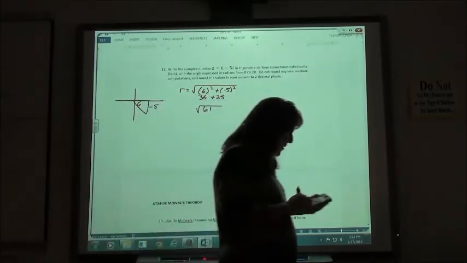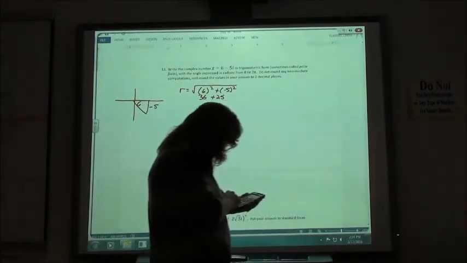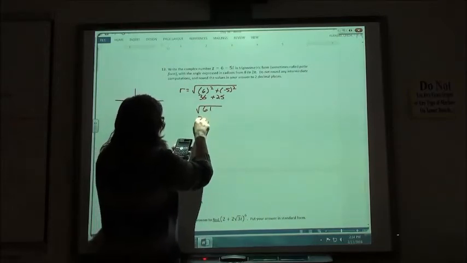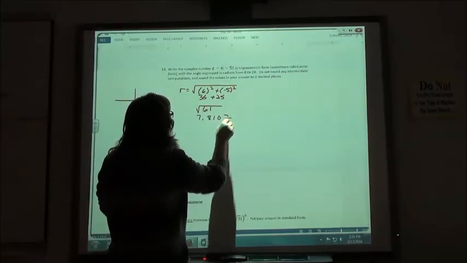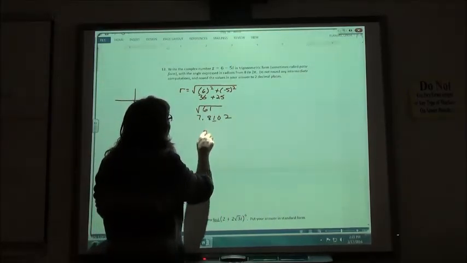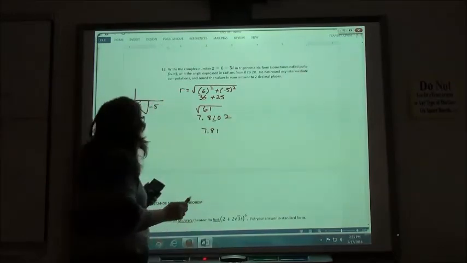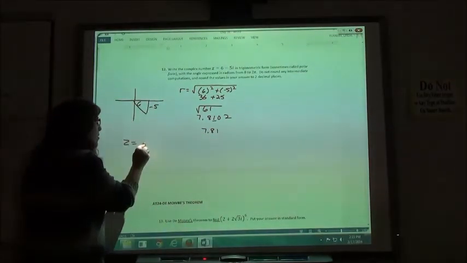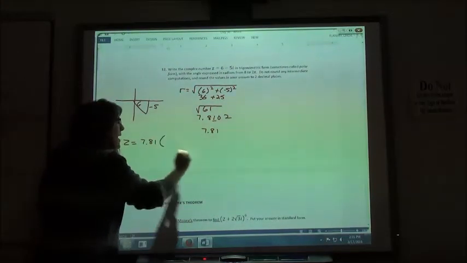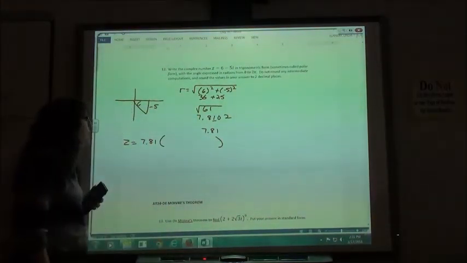So I'm going to calculate the square root of 61 with my calculator. I get 7.8102, rounding to 2 decimal places, 7.81. So z is going to equal 7.81 times, and then I'm going to do the rest of my problem here.